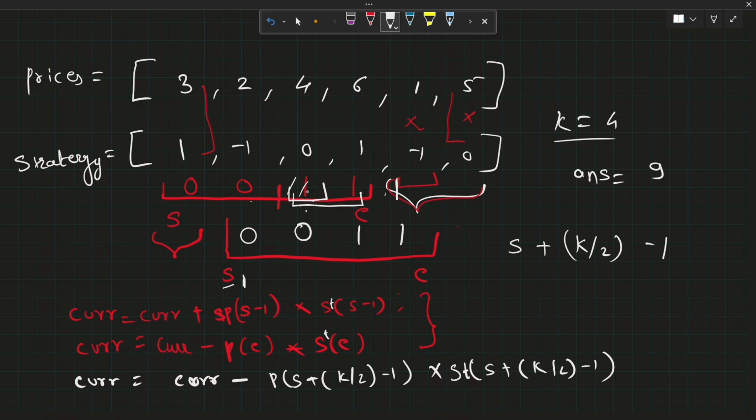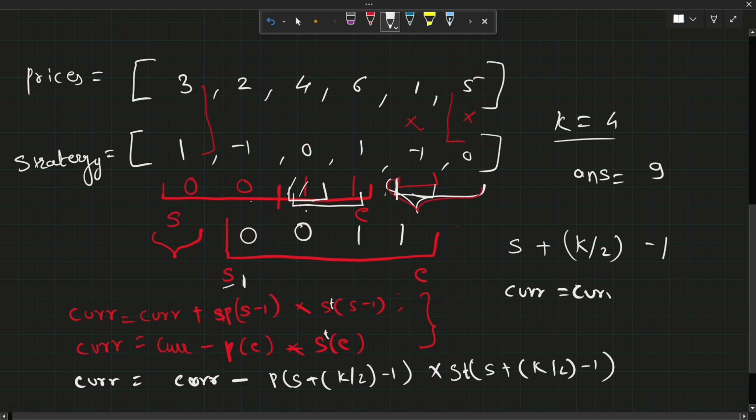So we converted this 1 to 0, but now let's calculate this part. The effect of this on our current would simply be current equal to current plus p of i, because here we will make this a 1, hence we will just consider this price part.